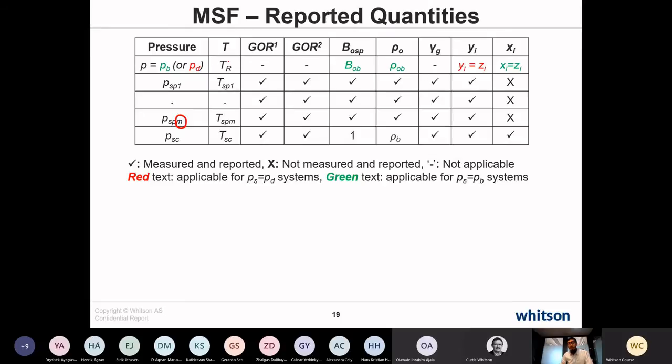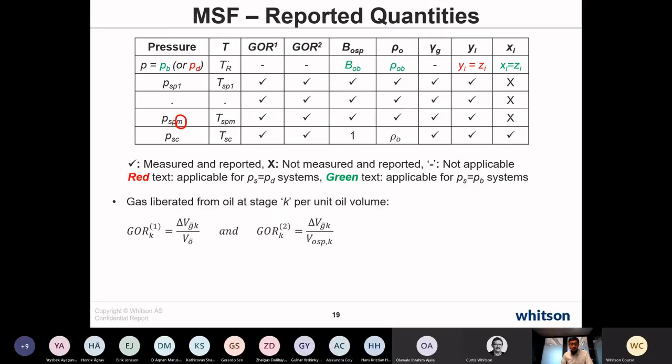Then we can have two kinds of GOR. There can be two different GORs reported, and you can see the definitions of those two GORs here. GOR1, at any pressure stage K, is equal to the surface gas volume released at pressure PK divided by the stock tank oil volume. So it's just a matter of what reference volume we are using.